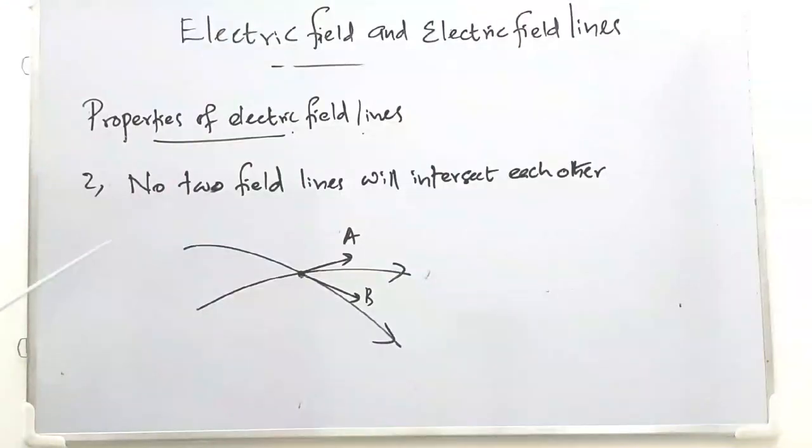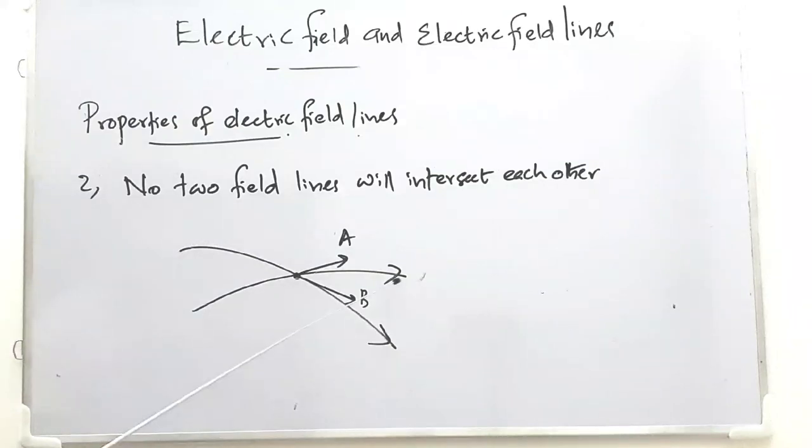Property: no two field lines will intersect each other. Imagine that these are two field lines. They are intersecting at this point. If they intersect, we can draw two tangents A and B, and tangents represent the direction of field intensity at this point.